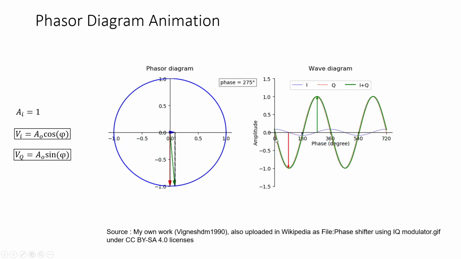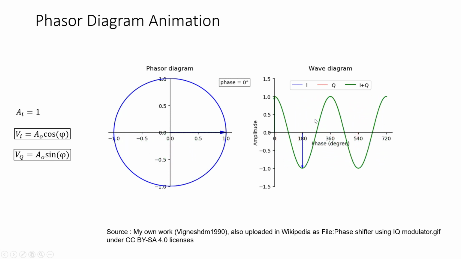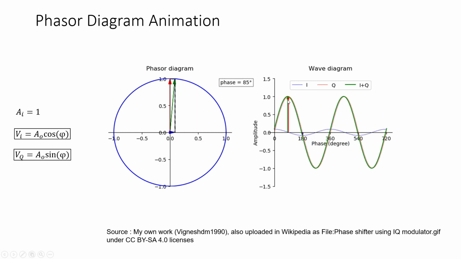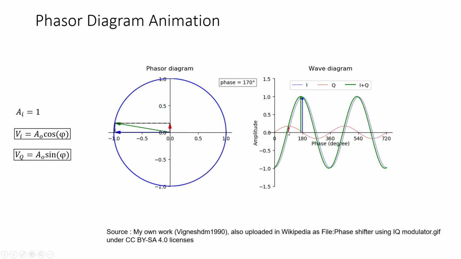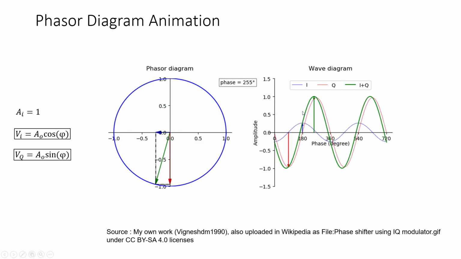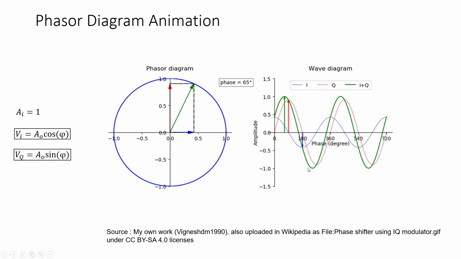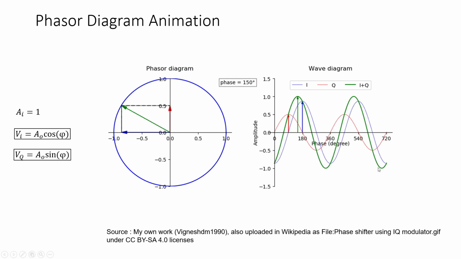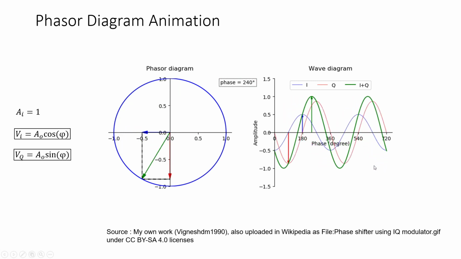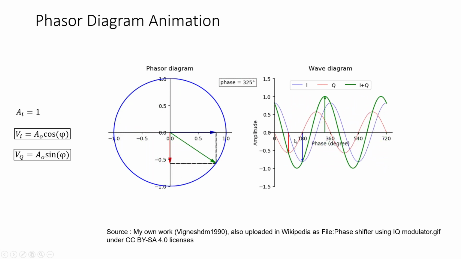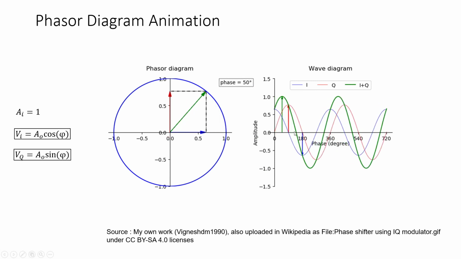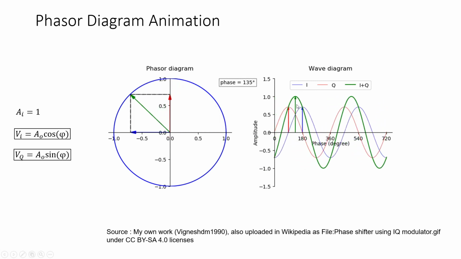So here is the corresponding wave diagram. Here only the magnitudes of Vq and Vi are changed, which results in a relative phase shift of the resultant component.